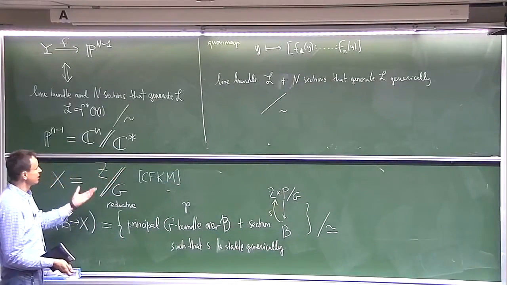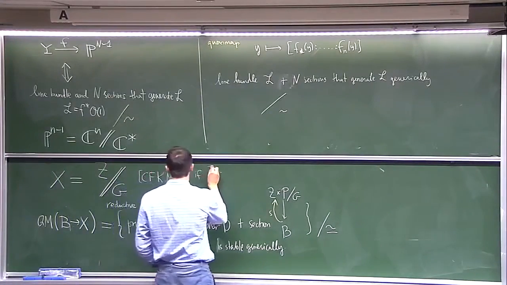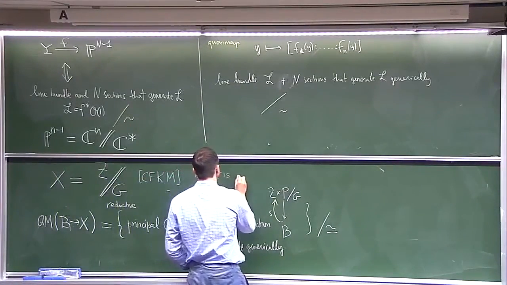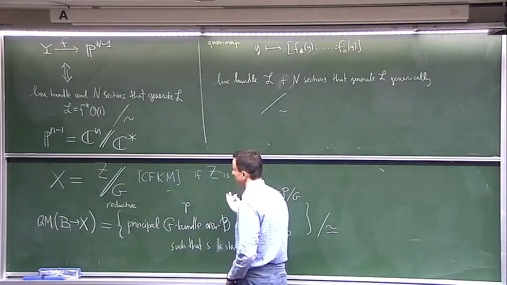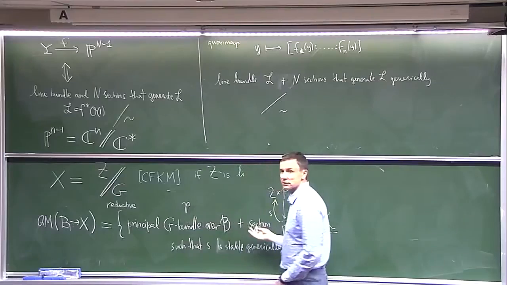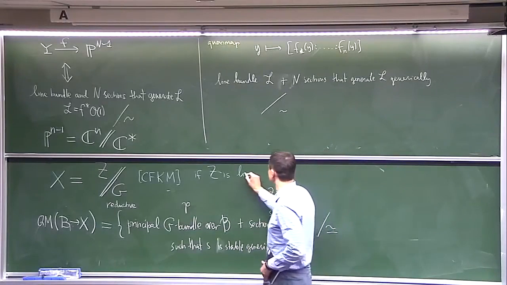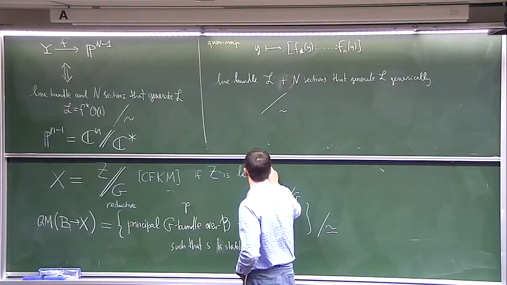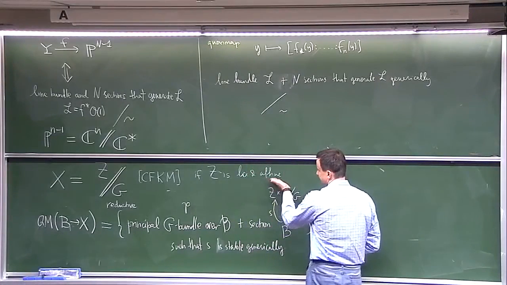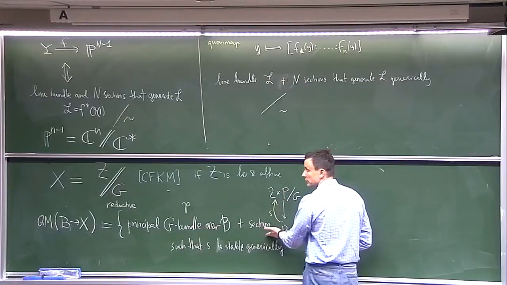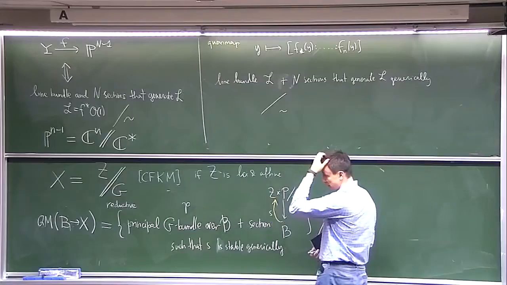In particular, they prove that if Z is LCI and affine, then this moduli space is nice. Affine is important for getting this map proper, and LCI is important for having a good obstruction theory.